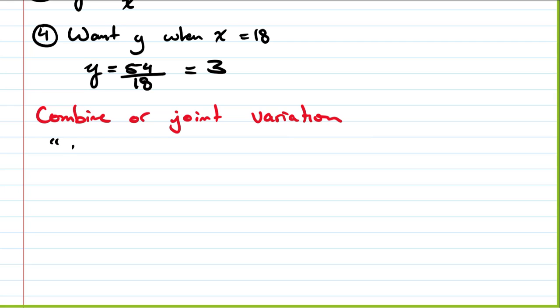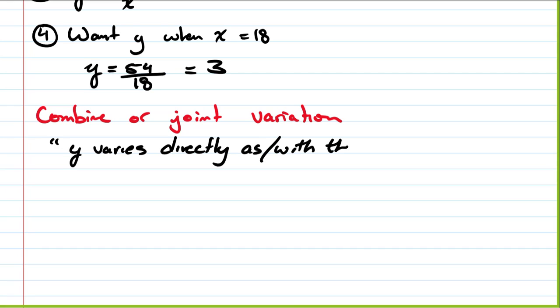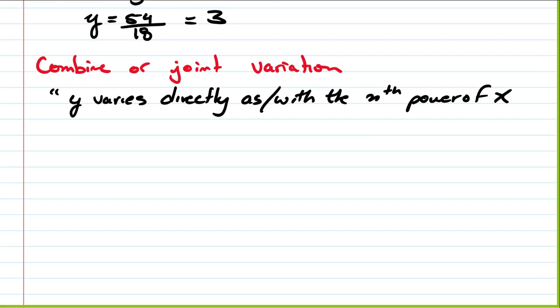So if we have y varies directly as or with the nth power of x, we're going to get a situation that looks like this. So we get y equals k, but times x raised to the nth power.